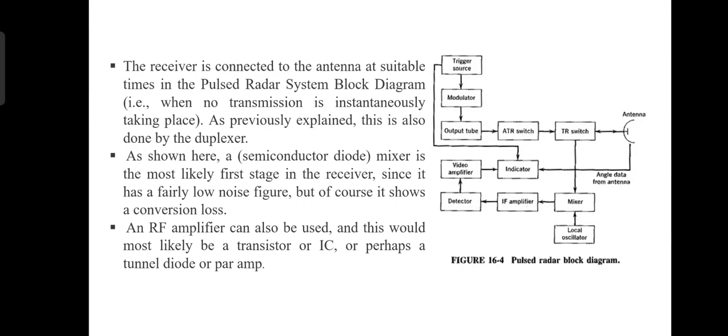Pulsed radar block diagram: trigger source, modulator, output tube, ATR switch, TR switch, antenna, video amplifier, indicator, detector, IF amplifier, mixer, local oscillator, angle data from antenna.